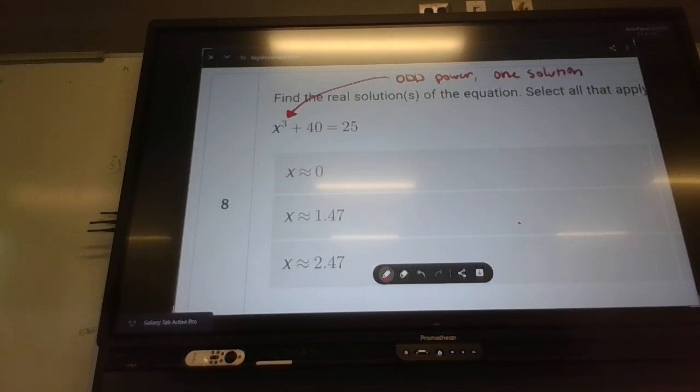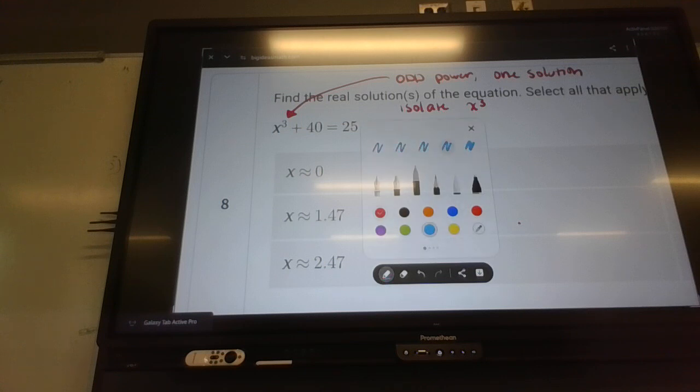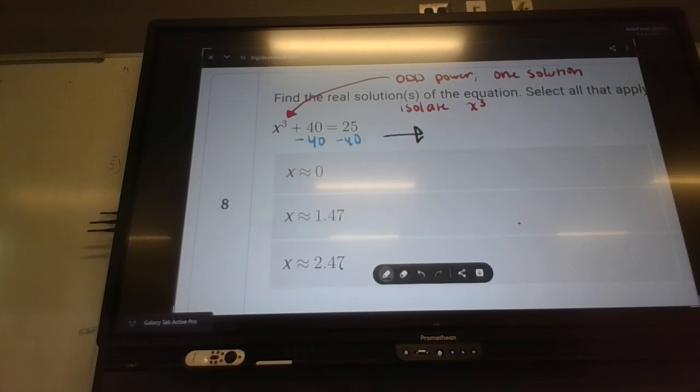I want to isolate the base to start. So I'm going to subtract 40 before I do anything else. And that's going to be x to the third equals negative 15. And now I'll do the third root to cancel out the power of 3.